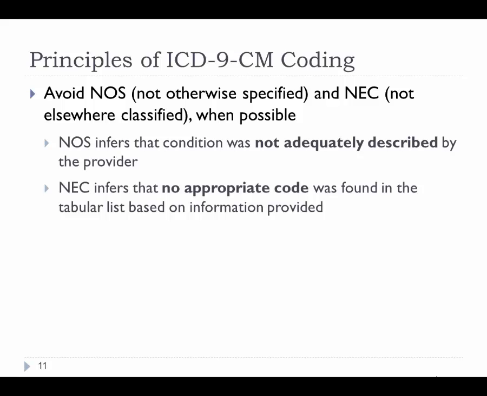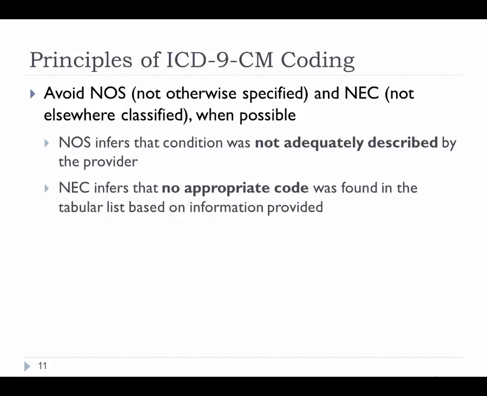Avoid NOS and NEC classifications when possible. NOS, or not otherwise specified, is the equivalent of unspecified. Codes titled unspecified are for use when the information in the medical record is insufficient to assign a more specific code. NEC, or not elsewhere classifiable, represents other specified.